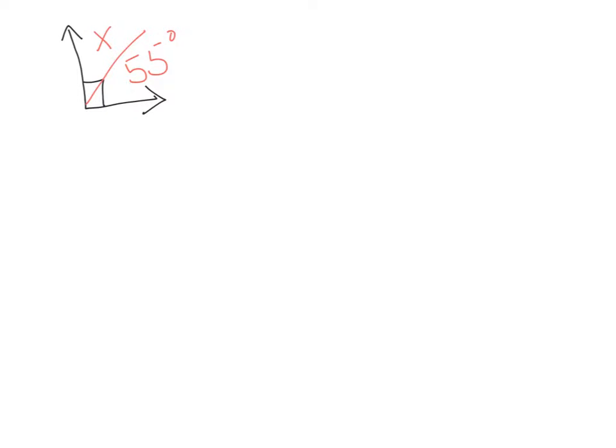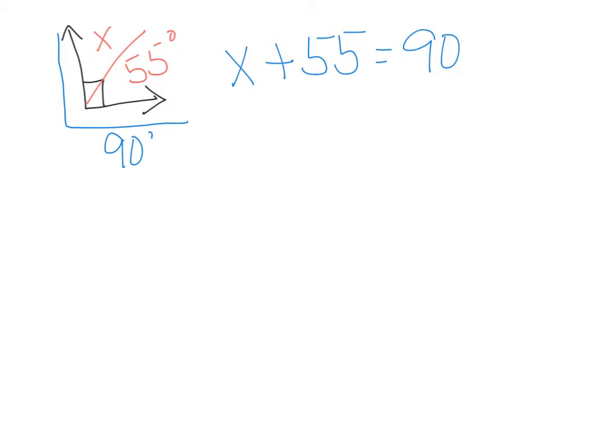Remember when we talked about the relationships of complementary angles, we used an equation. Since this angle here equals 90 degrees, we could write this equation as x plus 55 equals 90.